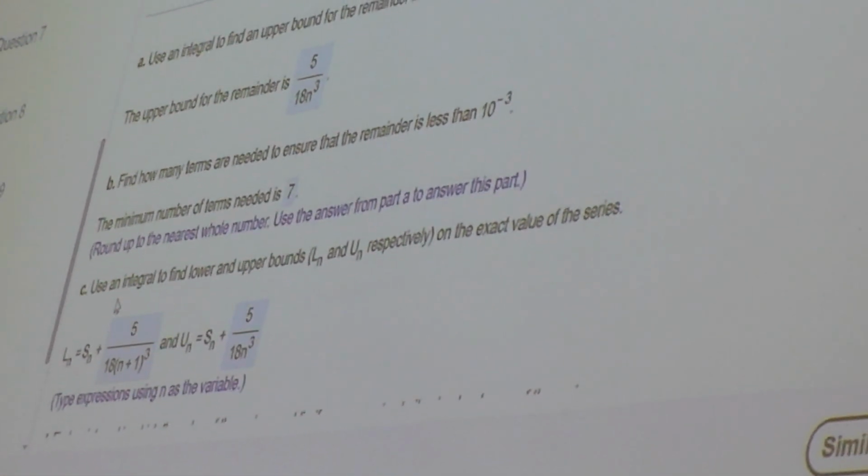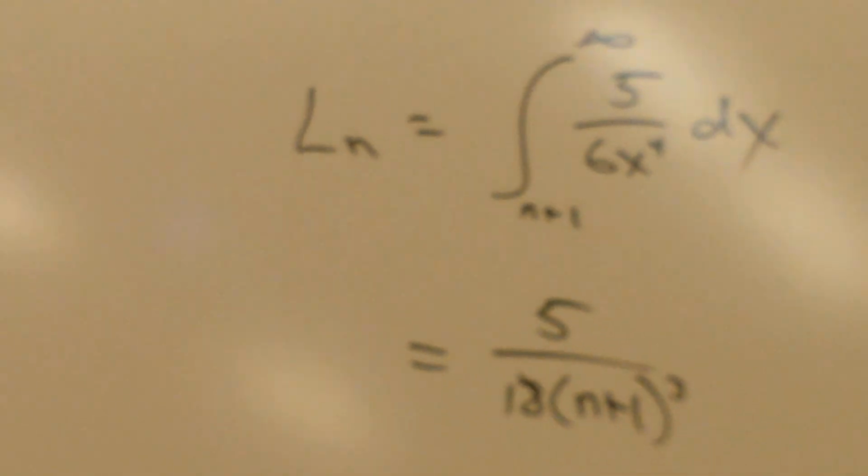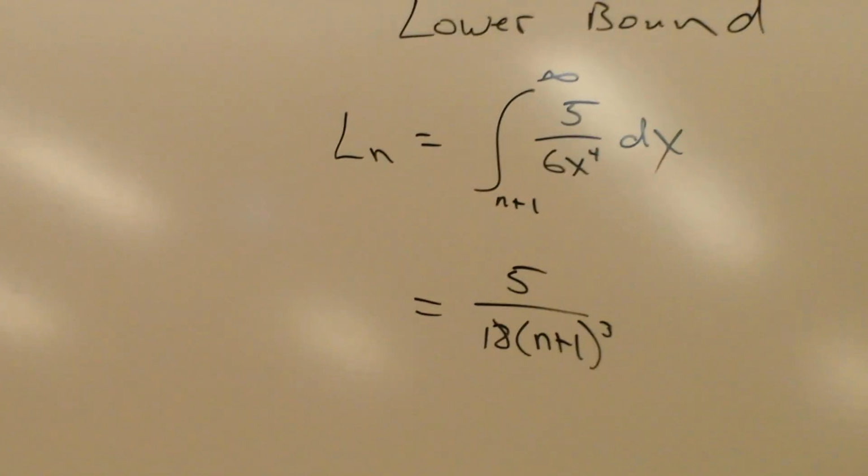And then part C, what we did here in part A, we have to do that for the upper. So we use n plus 1 in the lower bound. And if you do all the steps, you'll end up just replacing n here with n plus 1. And that result came down here.